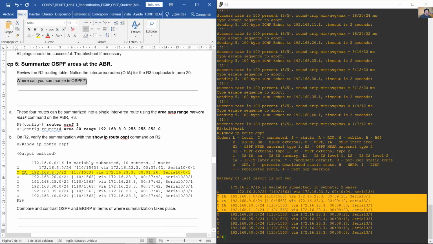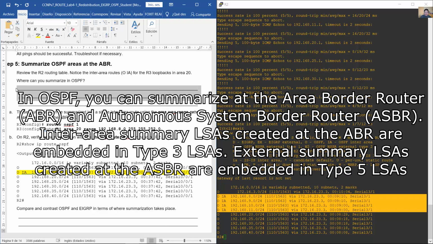Where can you summarize in OSPF? In OSPF, you can summarize at the Area Border Router, ABR, and the Autonomous System Border Router, ASBR. Inter-area summary LSAs created in the ABR are embedded in Type 3 LSAs.